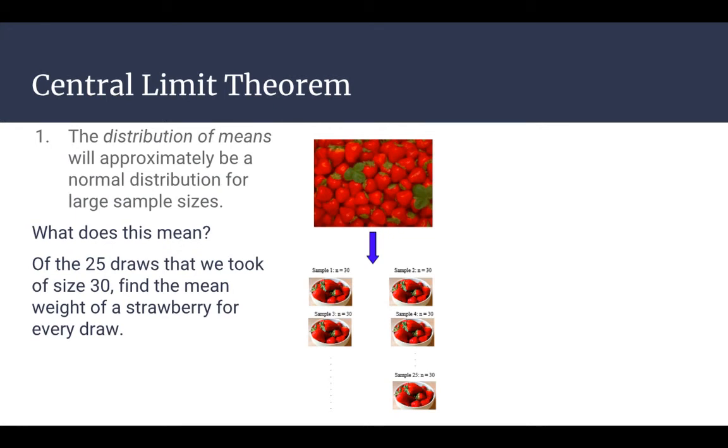So the first point of the central limit theorem said that the distribution of means will approximately be a normal distribution for large sample sizes. What does this mean? It means that of the 25 draws that we took of size 30, so each sample had 30 strawberries in it, we find the mean weight of a strawberry for every draw.